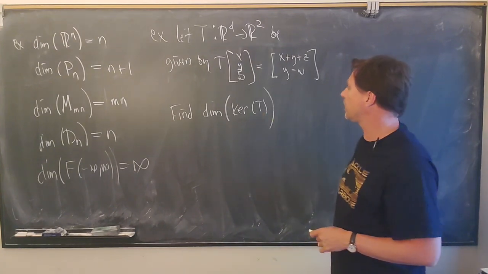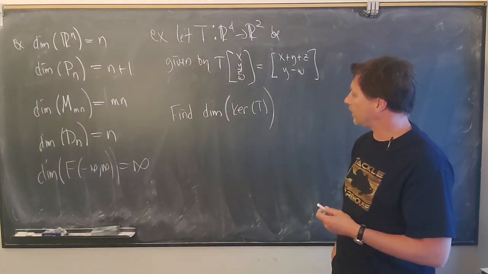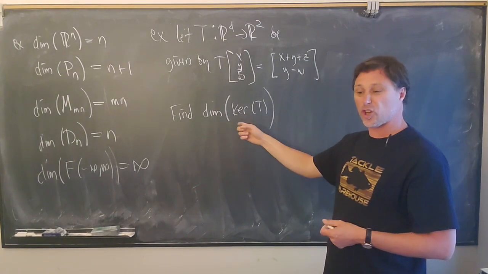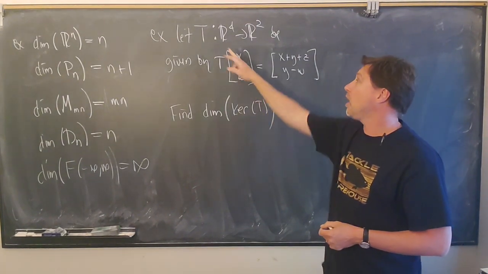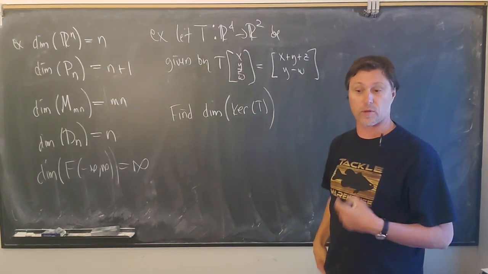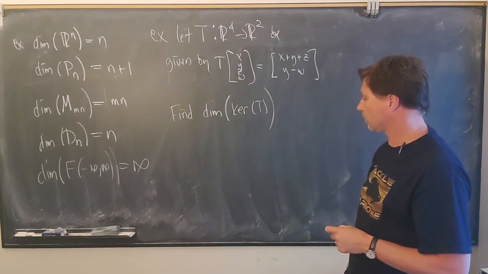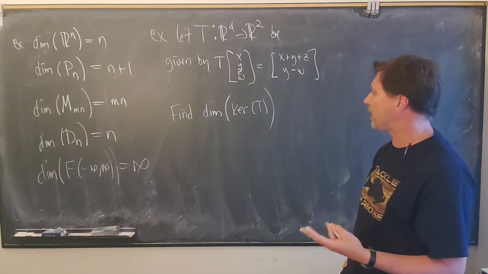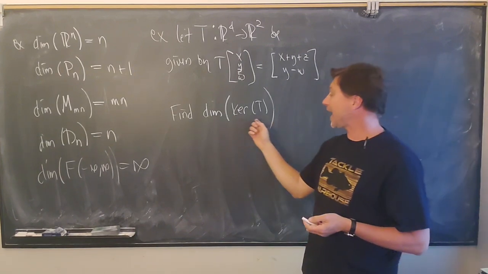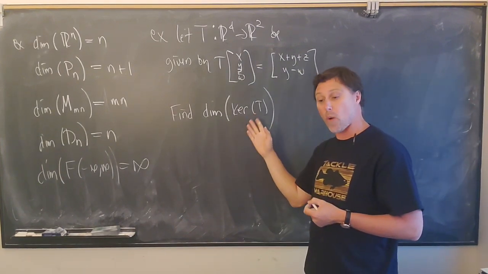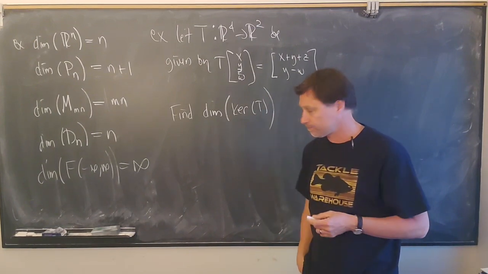Okay, so we want to compute the dimension of the kernel. And we know from earlier the kernel is a subspace of R4 in this case. It's always a subspace of the domain of the linear transformation. Right, so we know it's a vector space, we know it has to have a basis, and so what we want to do is count the number of vectors required to form a basis for the kernel of T.